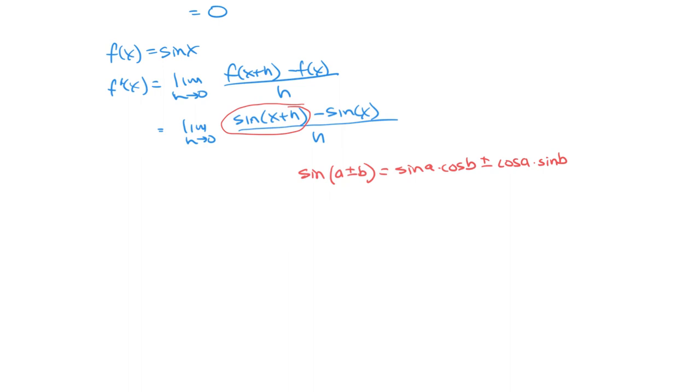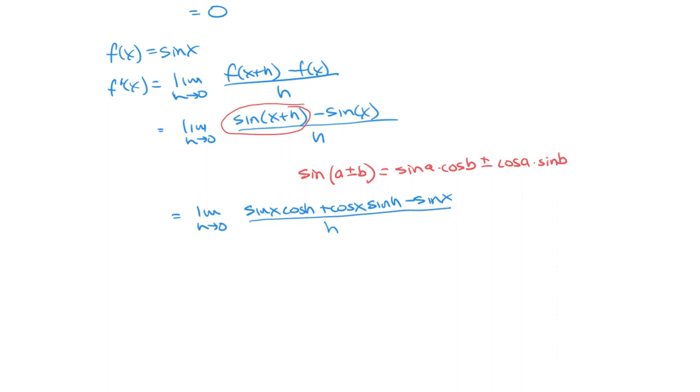All right, so then this would be equal to the limit as h approaches 0. Sine of x plus h is going to look like sine of x cosine h plus cosine x sine h, minus sine of x, and we'll put this all over h.